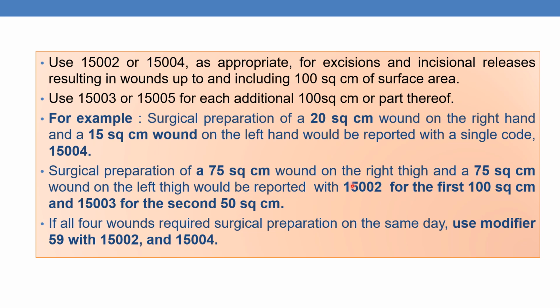First 100 square centimeters, followed by 15003, which is each additional 100 square centimeters or part thereof, or each additional 1% body area of infants and children. 15003 is an add-on code and it must be used only along with 15002.